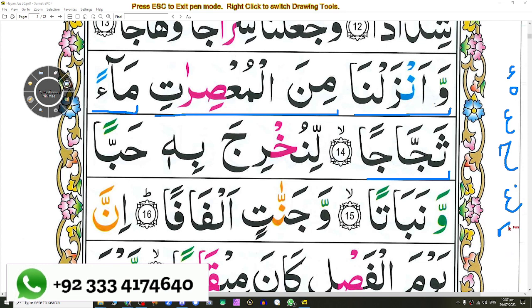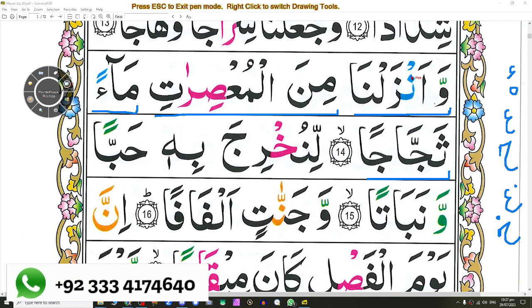These are the 6 letters that are coming from the throat. Hamza and Ha come from the lower throat, Ain and Ha come from the middle throat, Ghain and Kha come from the top throat.